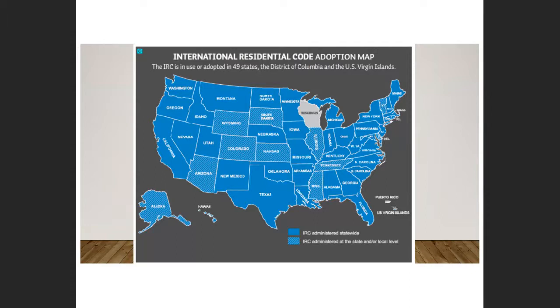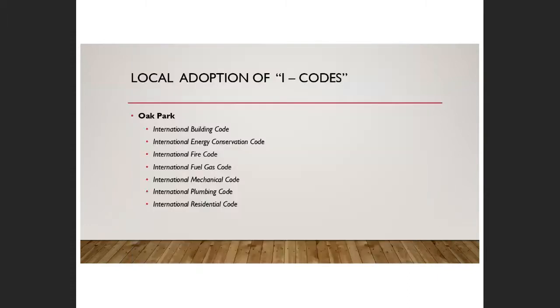So what does that look like? As I say, I happen to live in the Village of Oak Park. So the Village of Oak Park has adopted all of these I codes for construction activities that take place in the village. How do I know that?